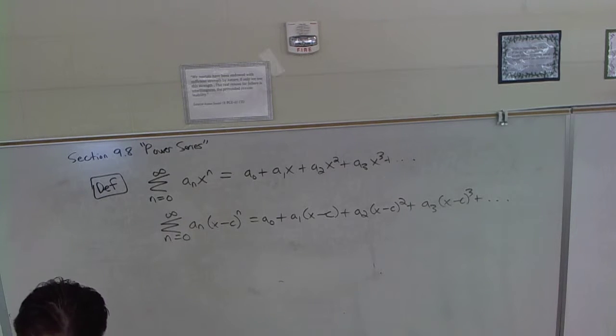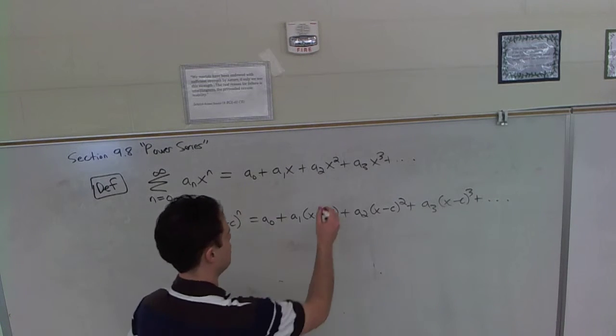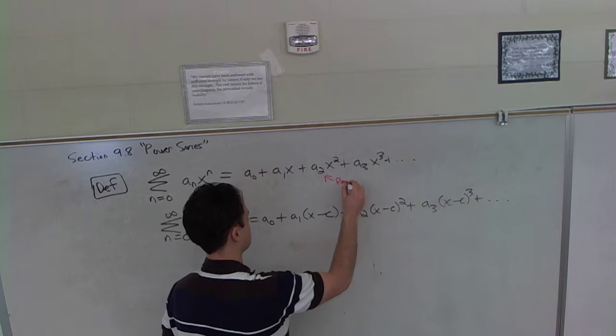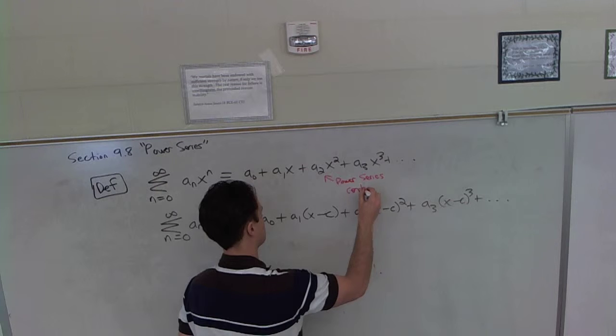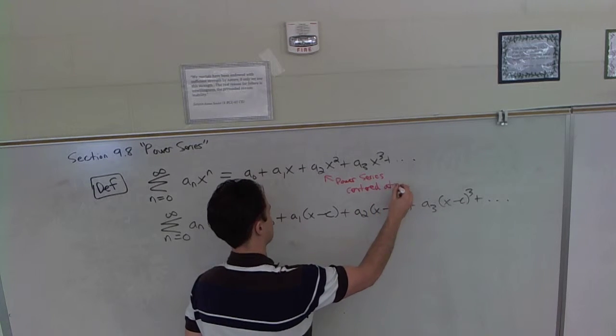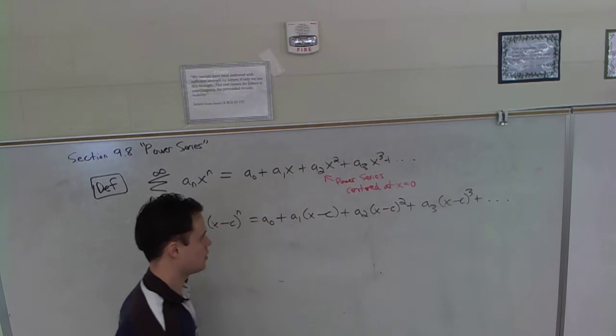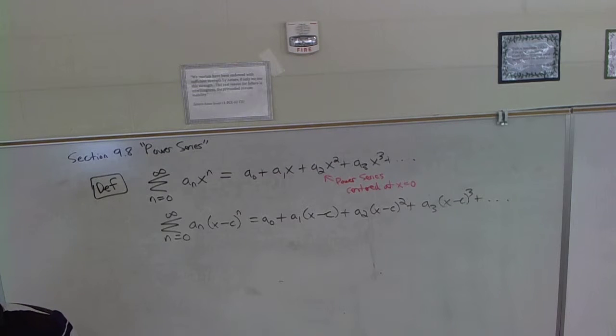That's what they look like in general. This is a power series centered at x equals 0. Any guesses on what this power series is centered at?